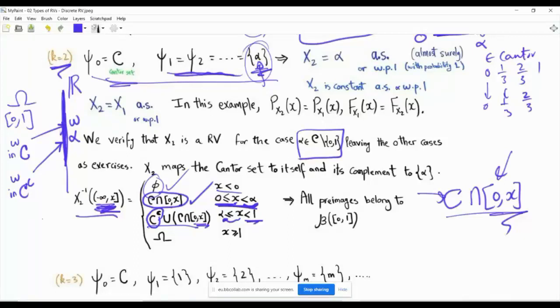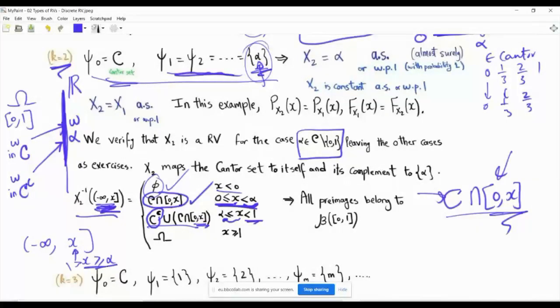So now if I ask you, what is the pre-image of (-infinity, x], where x is greater than or equal to alpha but less than 1? What are the elements in the big omega that are mapped to alpha or less? Well, all the elements in the complement of the Cantor set are mapped to alpha.